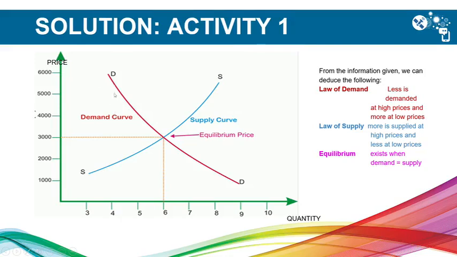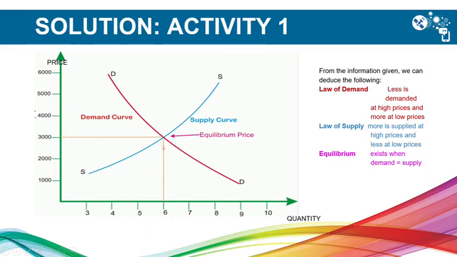Also, when it comes to the law of demand, we say that there is an inverse relationship between the price and the quantity being demanded, meaning that as the prices increase, the demand decreases. And that gives us what we call the negative slope of the demand curve, which results from that inverse relationship. Whereas with supply, as the price increases, the quantity supplied also goes up, so that gives us the positive slope of the supply curve.